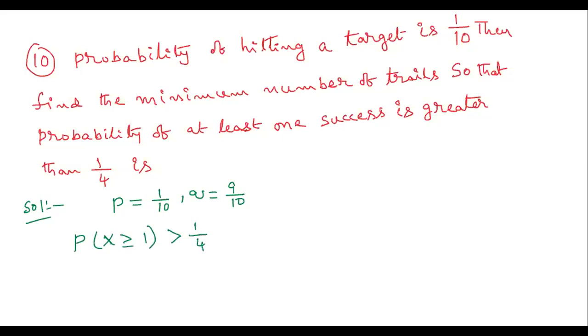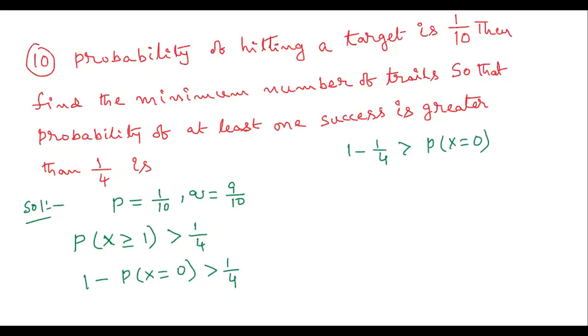So write the reverse method. P of x greater than or equal to 1 means we can write 1 minus P of x is equal to 0 greater than 1 by 4. Now, write the reverse. 1 minus 1 by 4 is greater than P of x is equal to 0. Write the reverse method. What is the n value here?